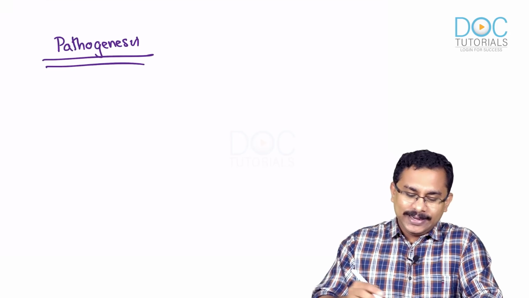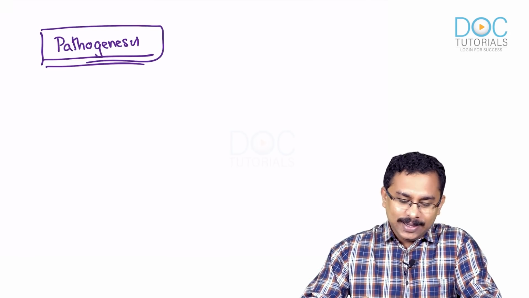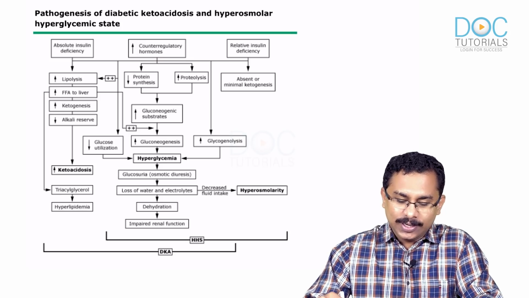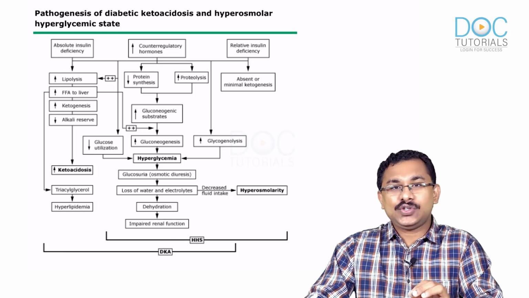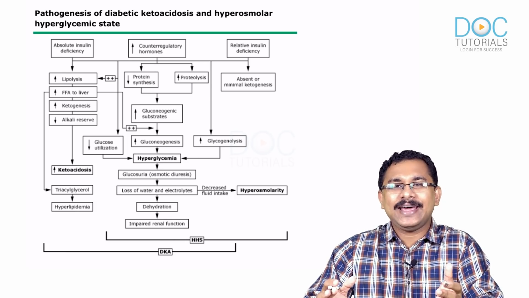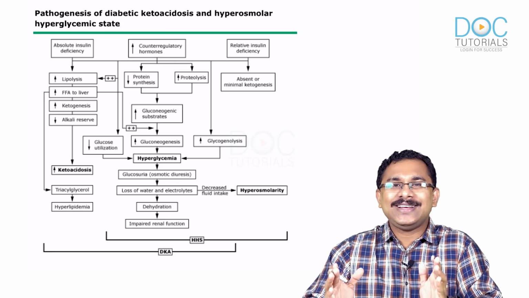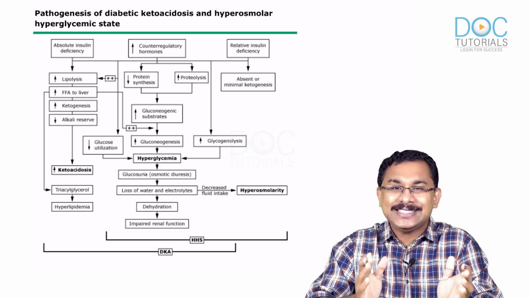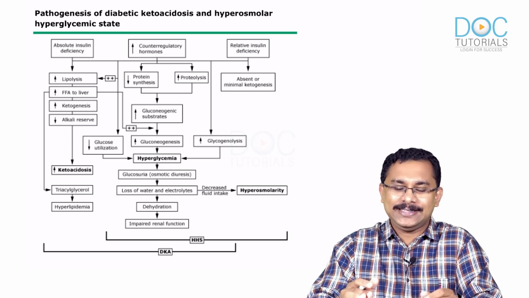Let's first see the pathogenesis. I'll take your attention to a flow chart that shows the pathogenesis of both DKA as well as HHS. Both shown in a single chart means there are certain similarities, but also certain dissimilarities.